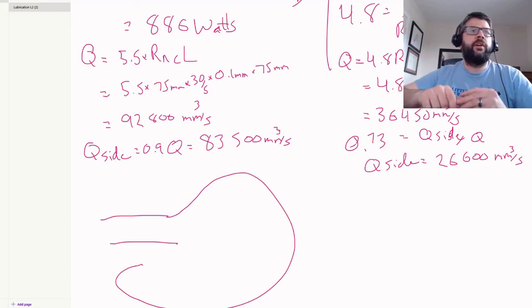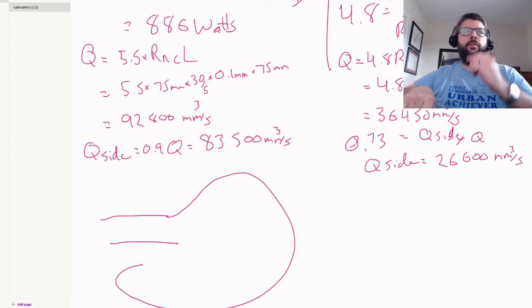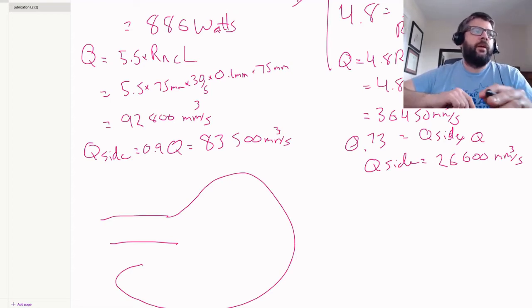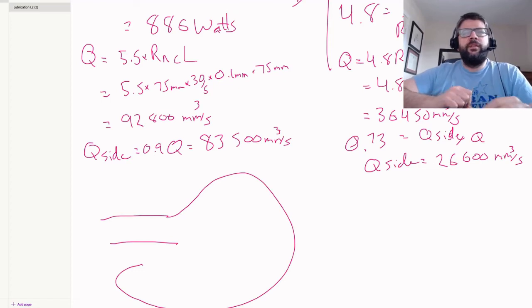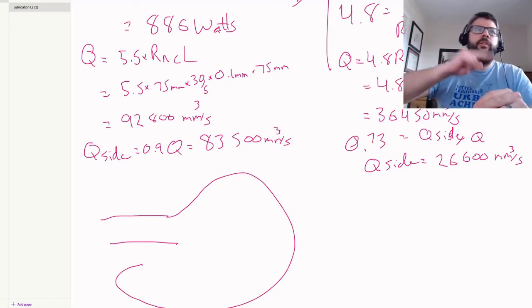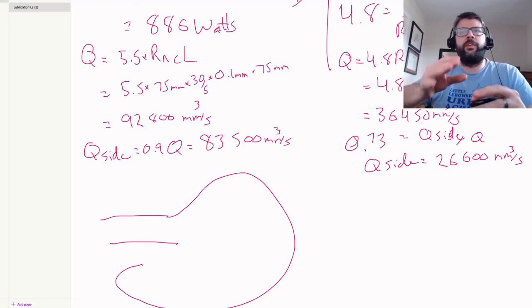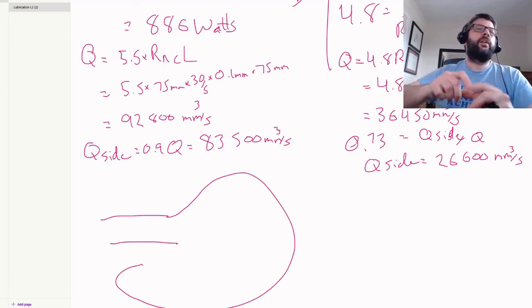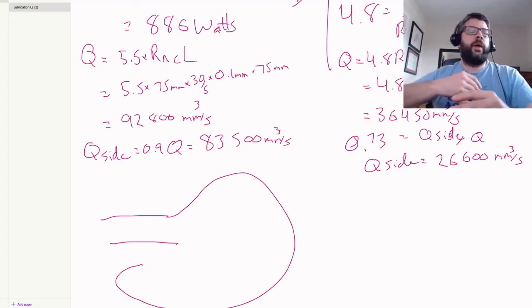So it's not going to change its temperature during that process. It's going to come out and go back in at the same temperature. So we can kind of neglect that. The recirculated oil stays at the same temperature, and it's the side oil that needs to account for all of the cooling required.